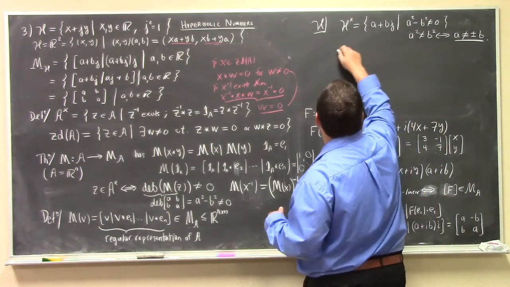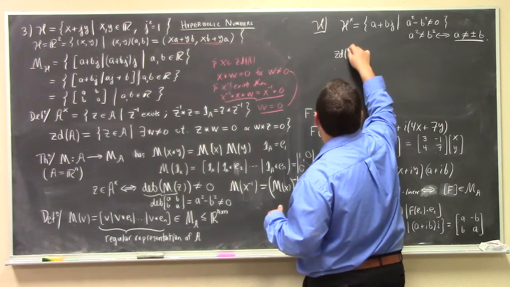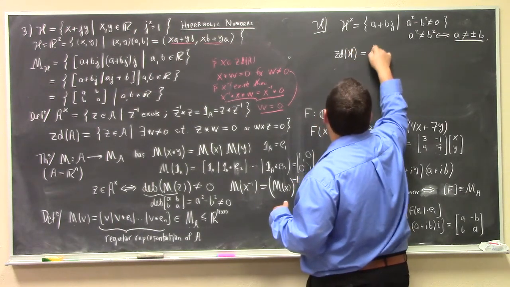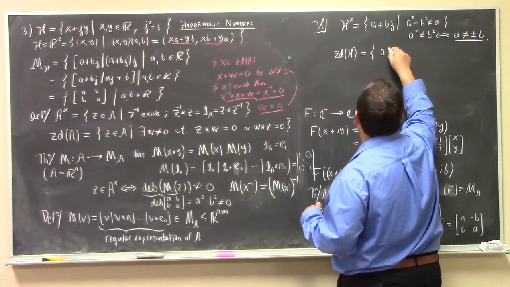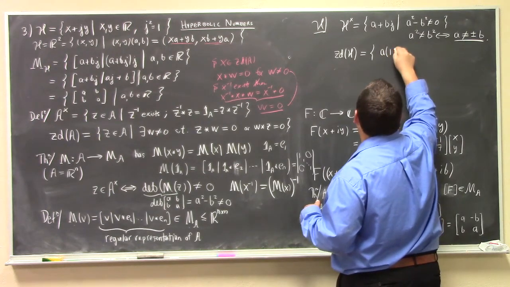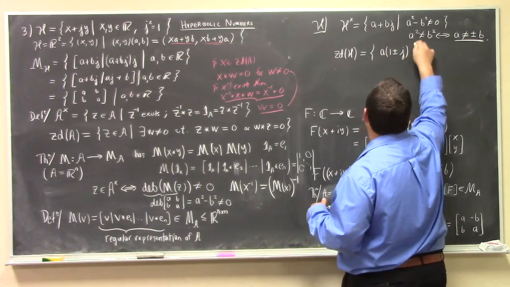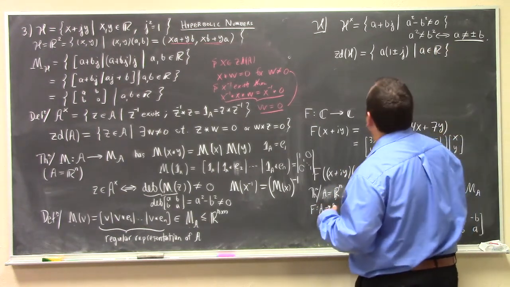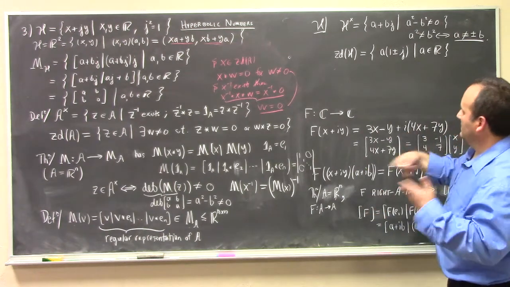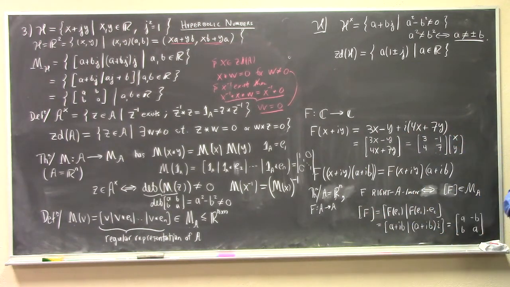And the 0 divisors of H are just of the form A times 1 plus or minus J, such that A is a real number. Because this is what it looks like to have A equal to plus or minus B.